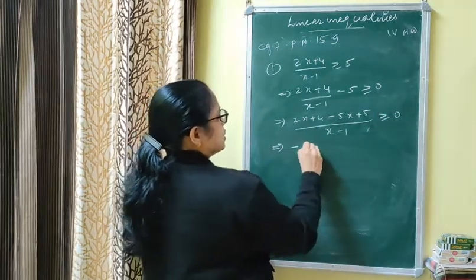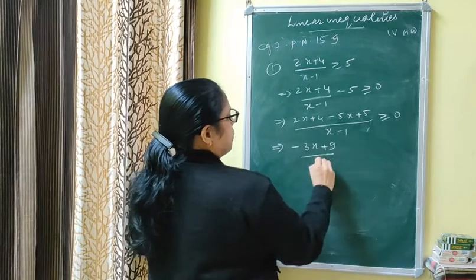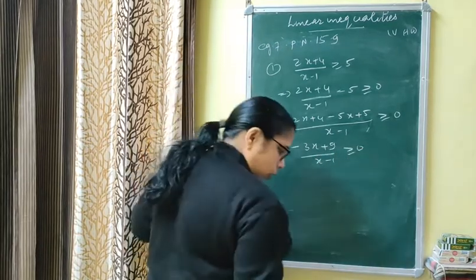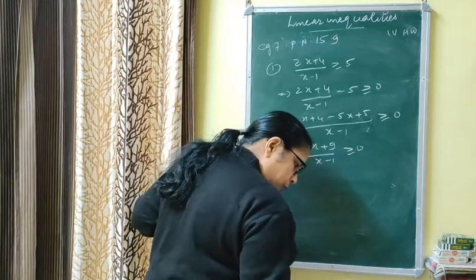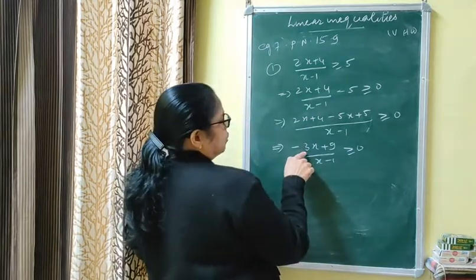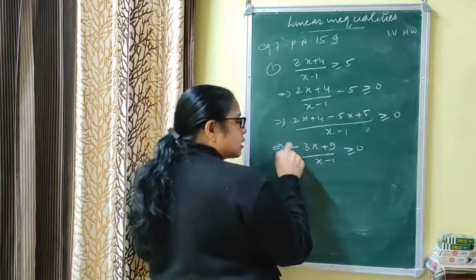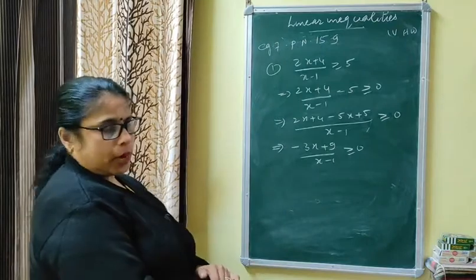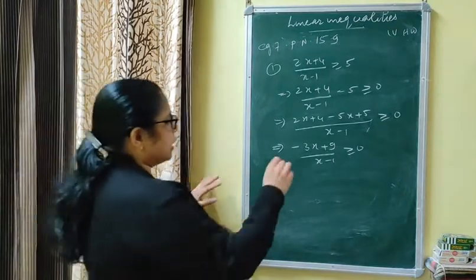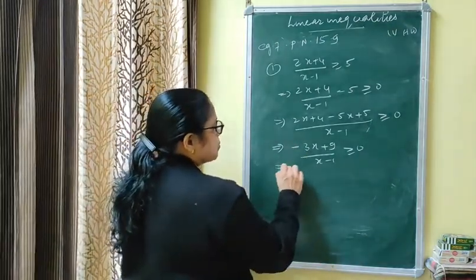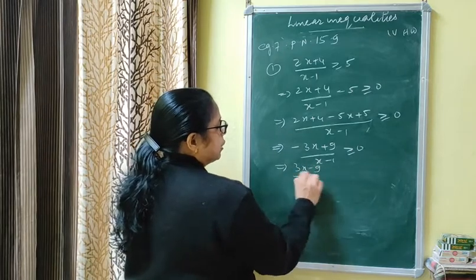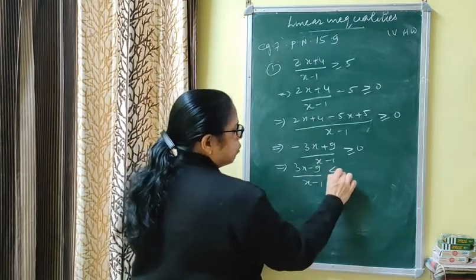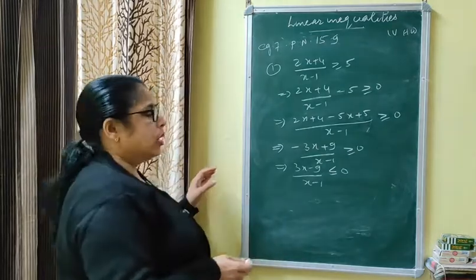That is (minus 3x plus 9) upon (x minus 1) greater than or equal to 0. Now the constant's sign is minus, so as I told you, multiply by the minus sign to make it plus. That means it becomes (3x minus 9), the denominator not changed, less than or equal to 0, because we have multiplied by a minus sign.